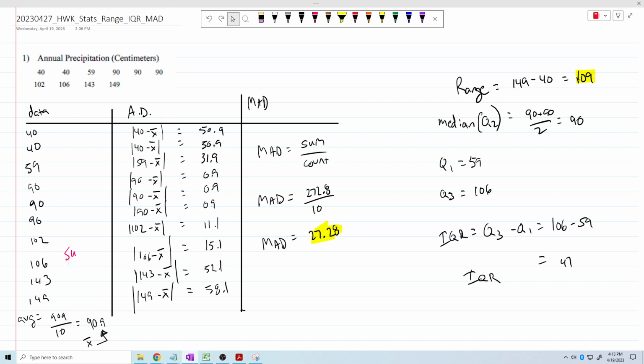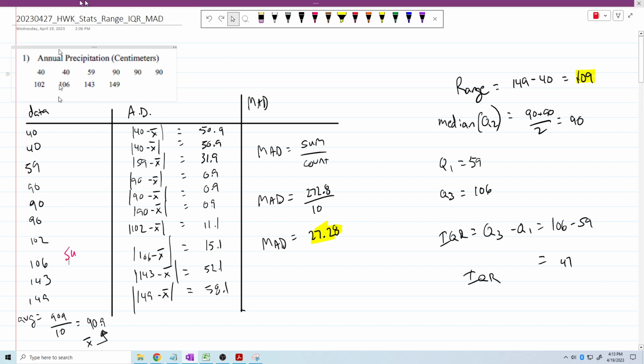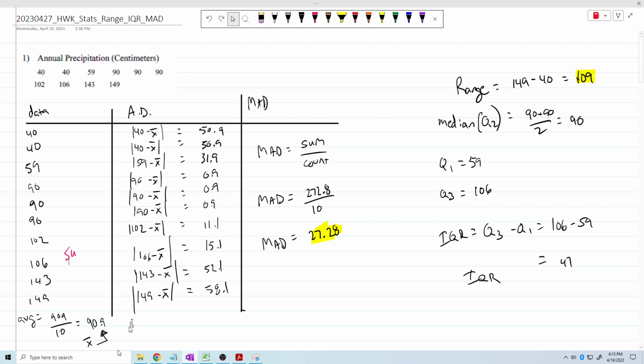Absolute deviation is the distance away of each data point from the center, or in this case, the mean. So for example, 40 is not 90.9. 90.9 is the center. Deviation means how far away that 40 is from the center, or the mean, and so forth for each data point.